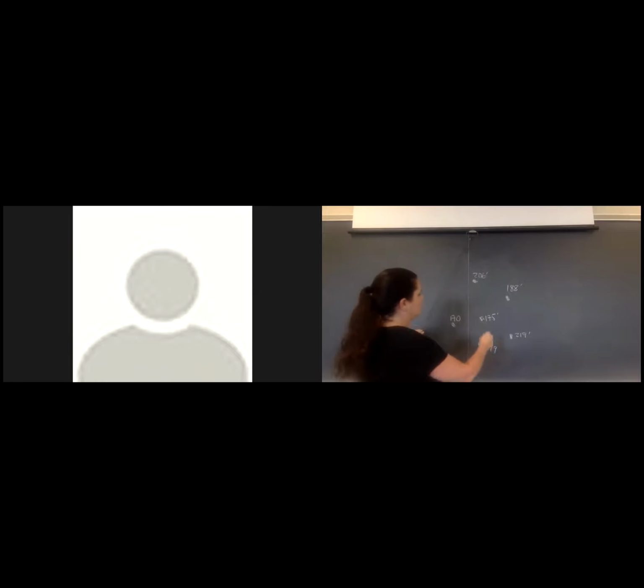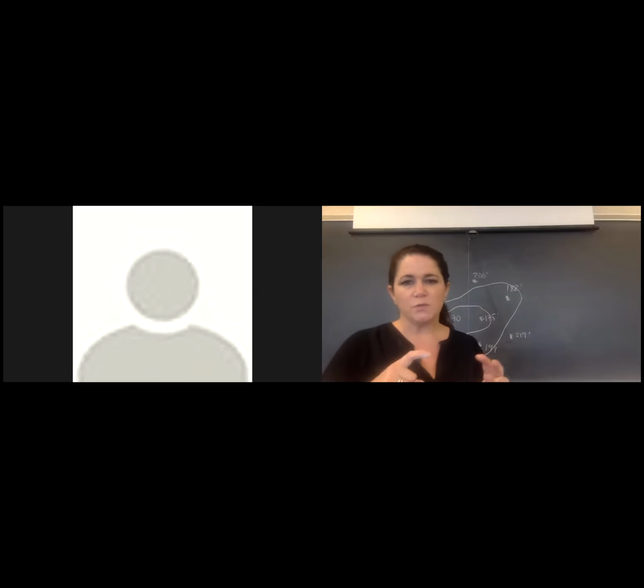And then you could draw in contours to separate the 200s, like say 20-foot intervals, starting with 200 as being one. We can do a contour in like this, maybe something like that. Another contour at 180 might be something like this.